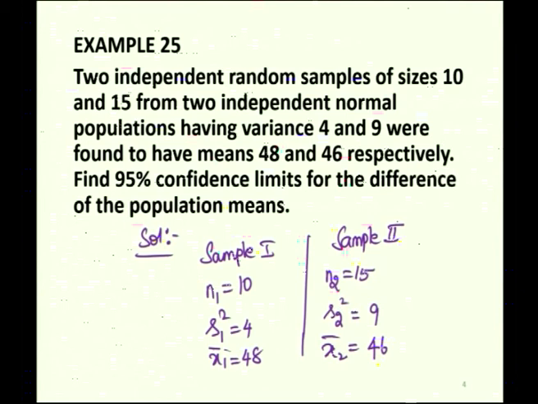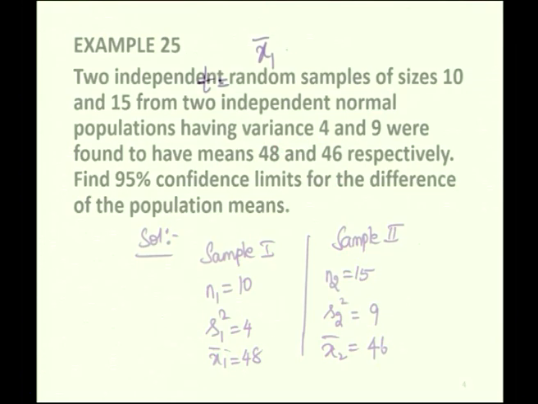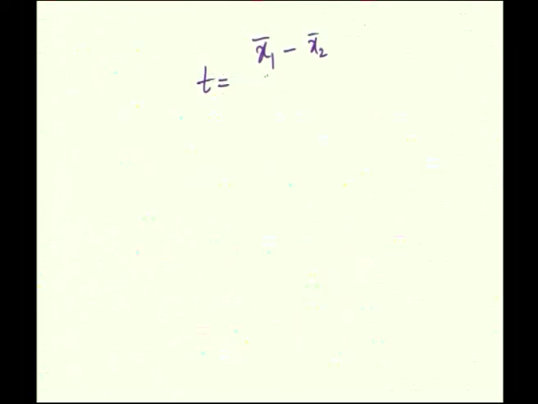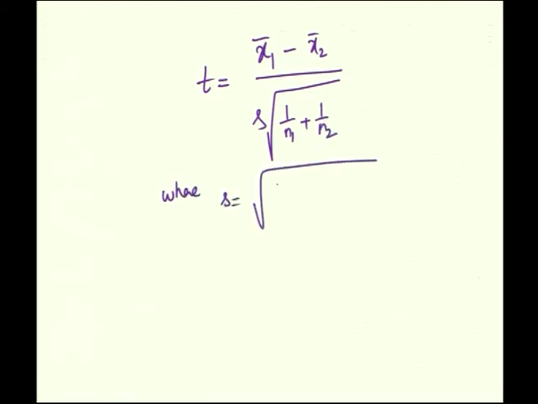The formula is t is equal to x1 bar minus x2 bar by s into root of 1 by n1 plus 1 by n2, where s is equal to root of n1 s1 square plus n2 s2 square by n1 plus n2 minus 2, when the values are given directly. n1 is 10.